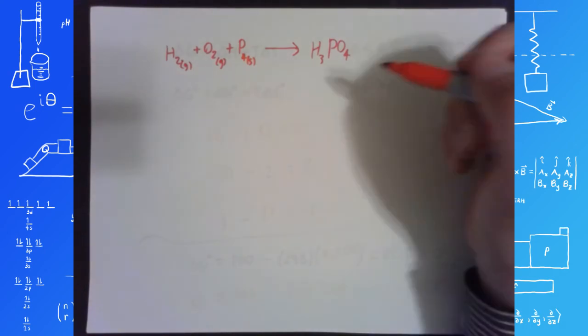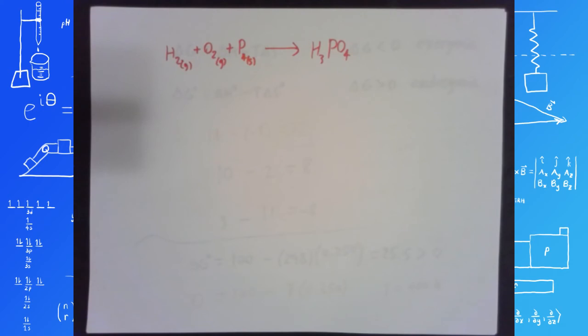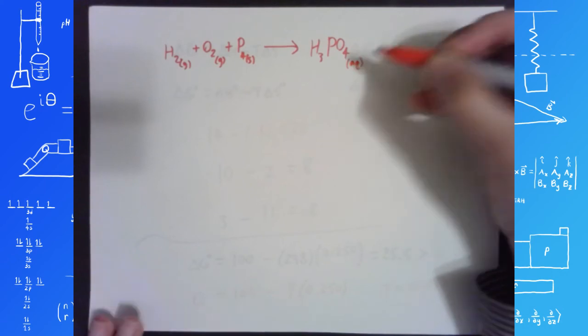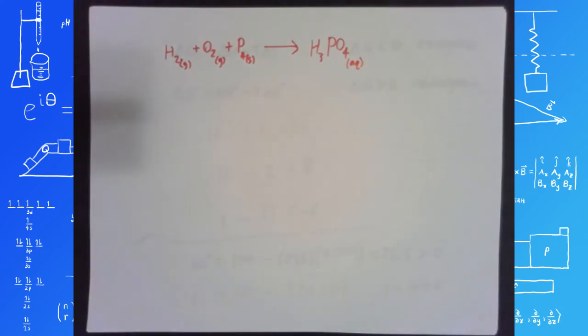And as for phosphoric acid, I have no idea if they wanted it in the gas state or the aqueous state. I would imagine they'd want it in the aqueous state, but I guess if you go to your data table, it'll only be available in one state and not the other.